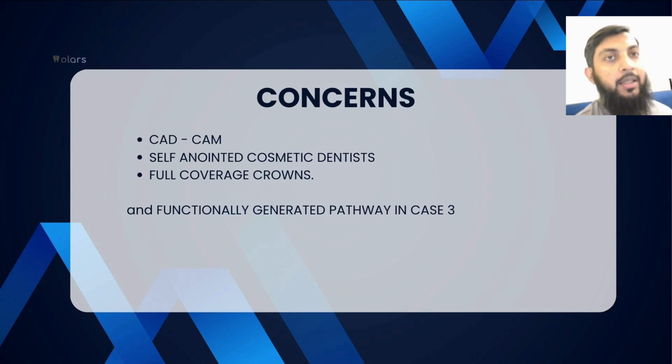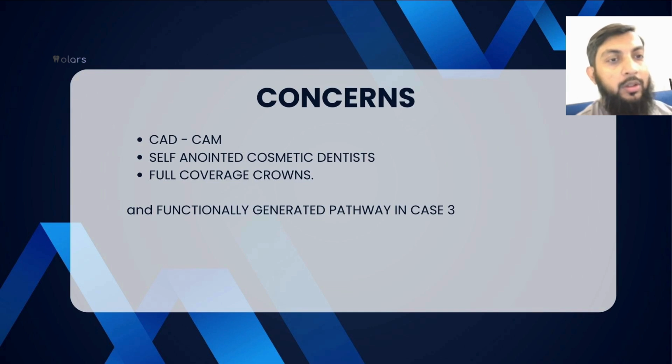The functionally generated pathway technique, as explained by Myers, was discussed in scenario 3. It is basically when you are doing a temporary restoration, you mix the temporary restoration material, put it into the preparation, and when it is in doughy consistency, cover it with a separating medium and let the patient move his mandible, or lower jaw, into all laterally directed or anteriorly directed movements.